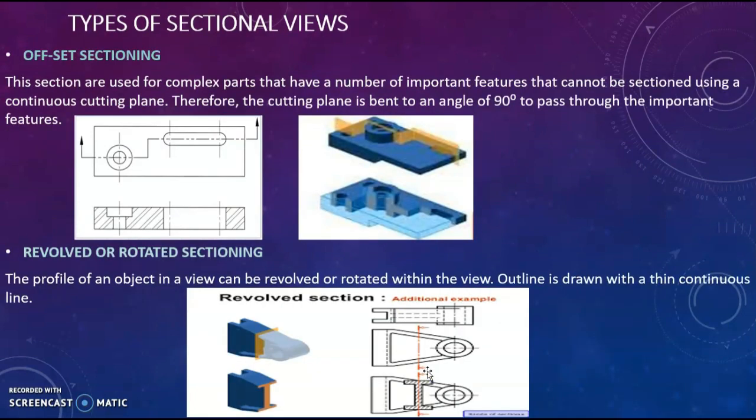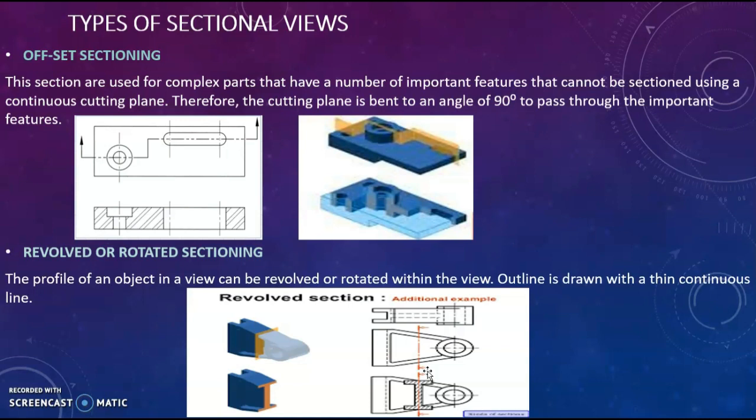We have some minor types of the sectional views, but let's look at this one, the offset sectioning. We've already talked about the offset cutting plane, and we said this cutting plane is applied when there is a change in direction of the cut. Whenever there is a change in direction of the cut, we use the offset cutting plane, and now we are meeting offset sectioning. So offset sectioning is a type of section that is used on complex objects.